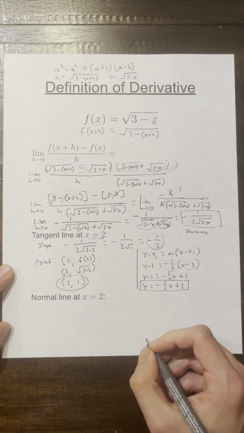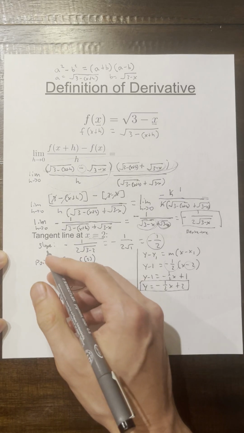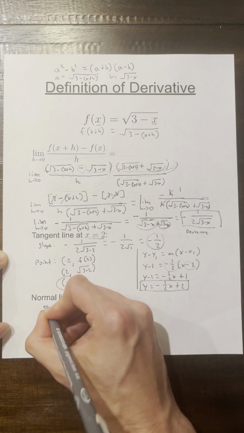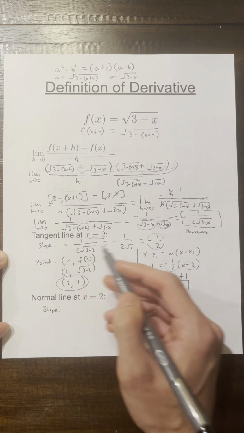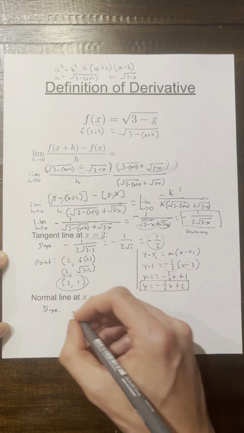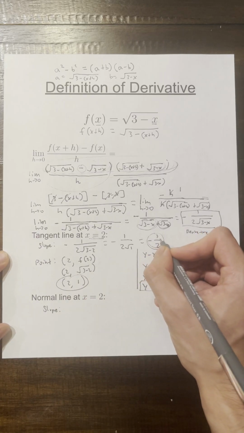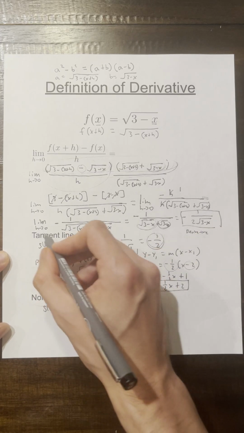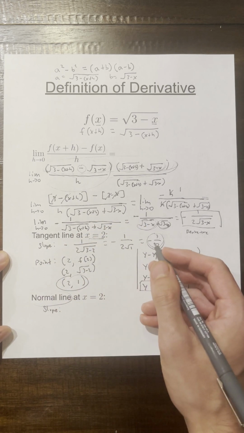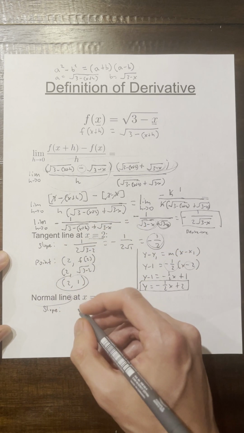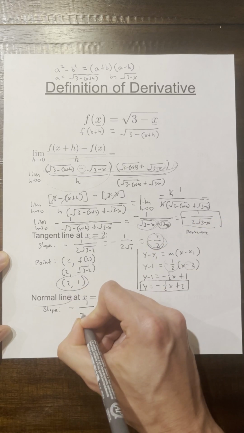This is your answer. Now for the normal line, the slope is going to be perpendicular to that of the tangent line. Since this line is perpendicular to this line, to find the new slope, it's going to be negative 1 over this.